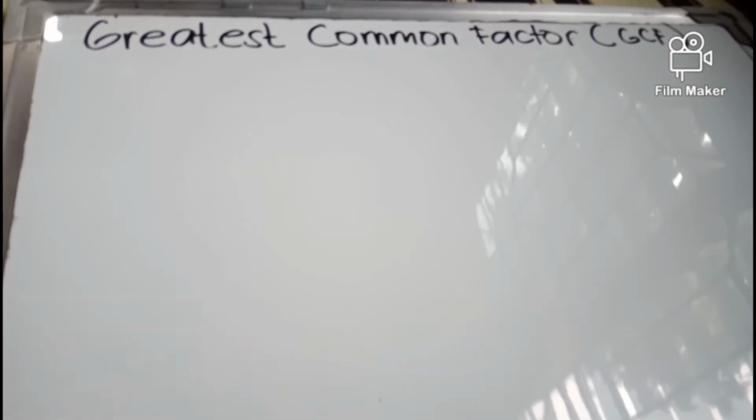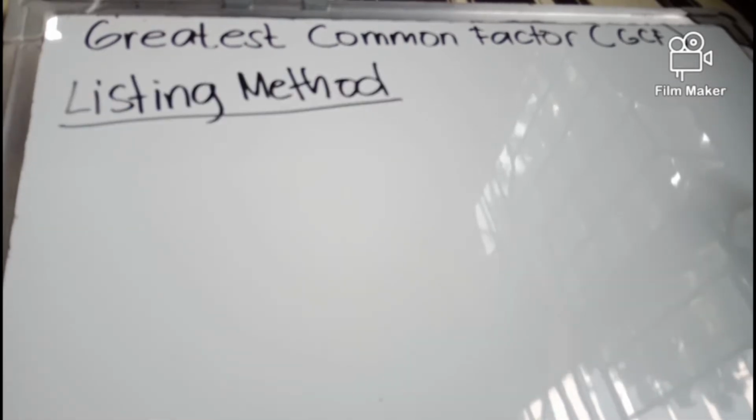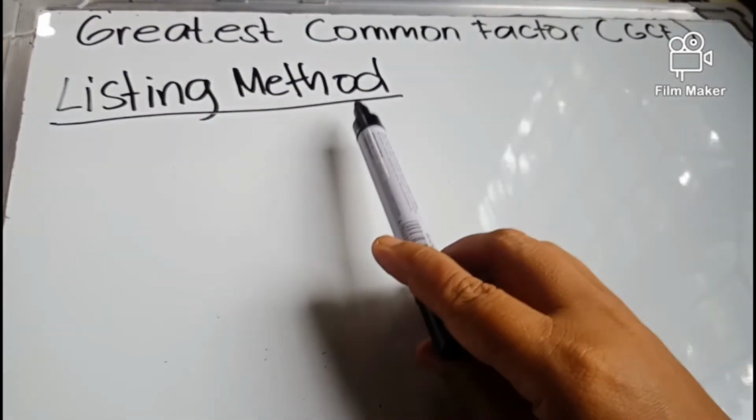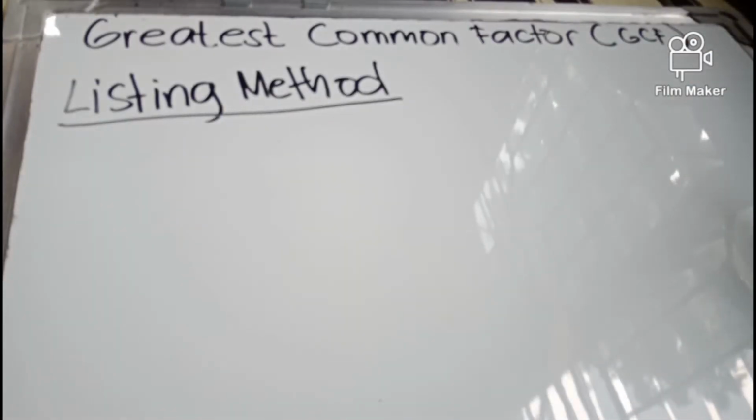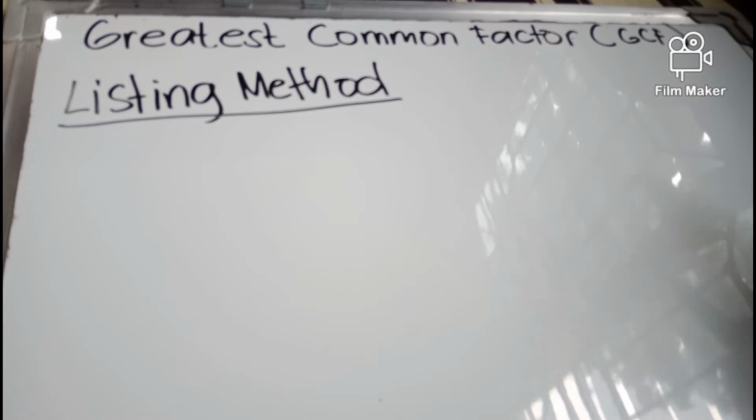This time, may tatlong paraan paano natin mahanap ang greatest common factor or GCF. Ang unang paraan para mahanap natin ang GCF ay sa pamamagitan ng listing method, kung saan ililista natin lahat ng factors ng given number.